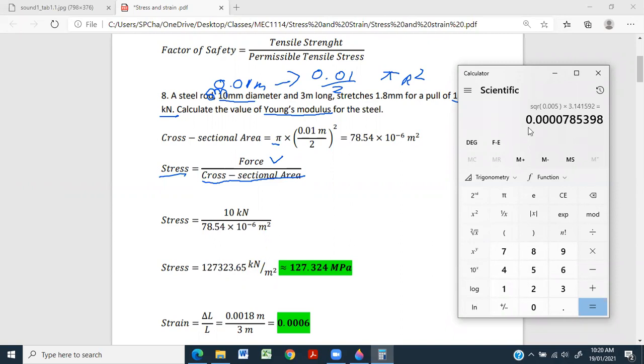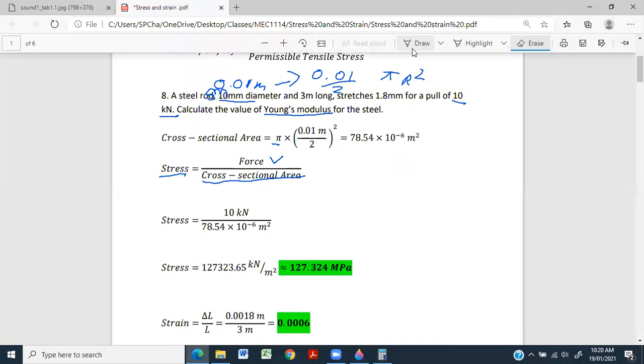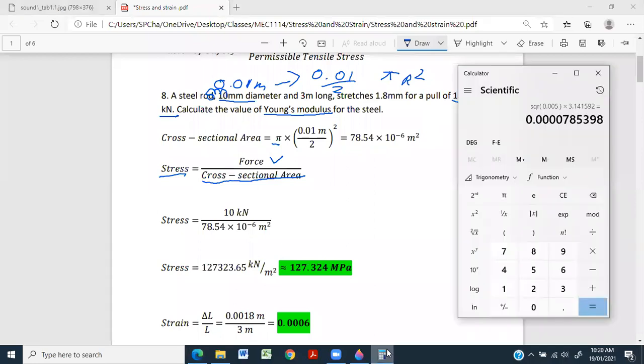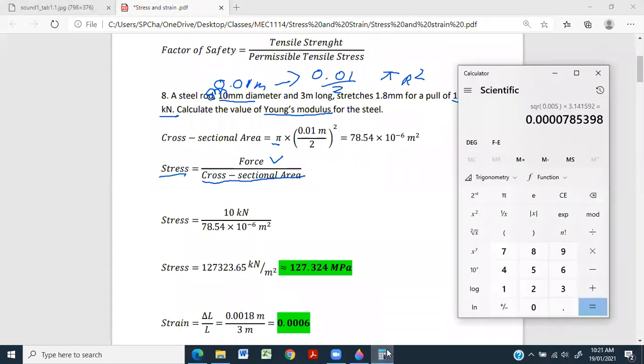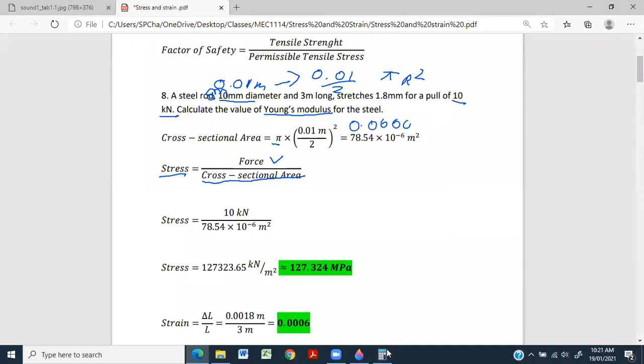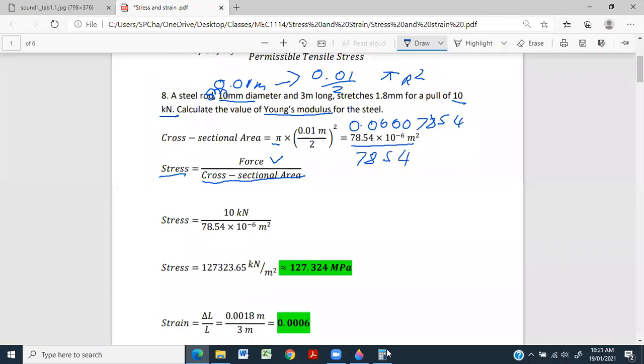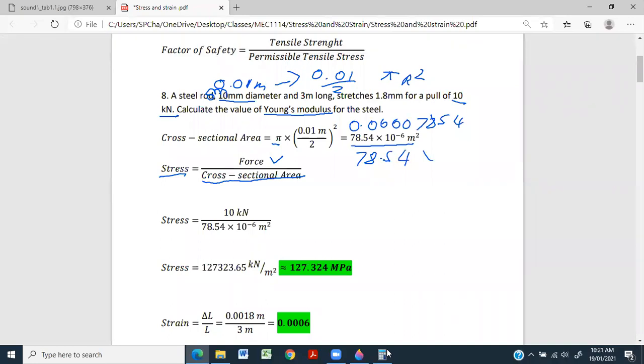Instead of writing 0.0000785, what we do is write it like this instead, right? So write this as 78.54 times 10 to the minus 6.